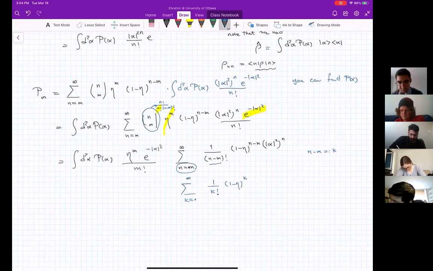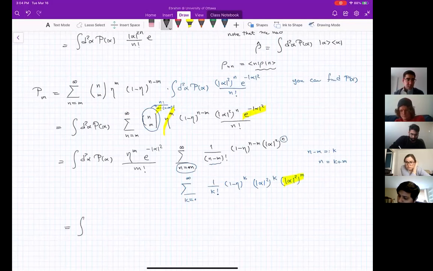Now what I have here is |alpha|^2 to the power of n, and n is equal to k plus m. So that will be |alpha|^2 to the power of k, and also I have |alpha|^2 to the power of m, which appears here. Good. This one is independent of the new summation that we do have.